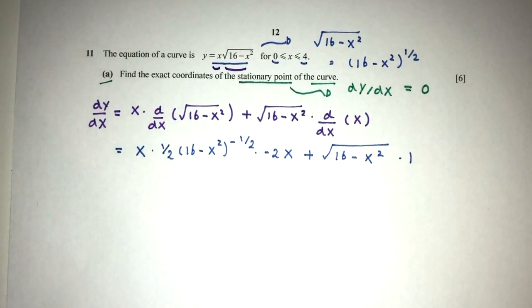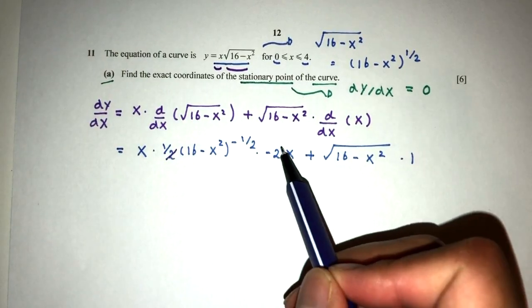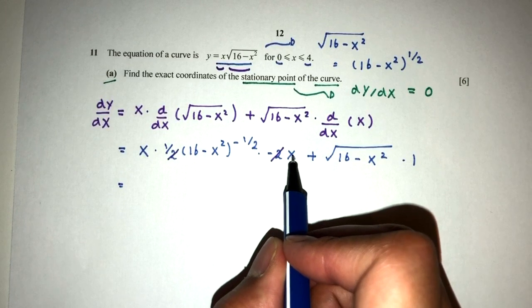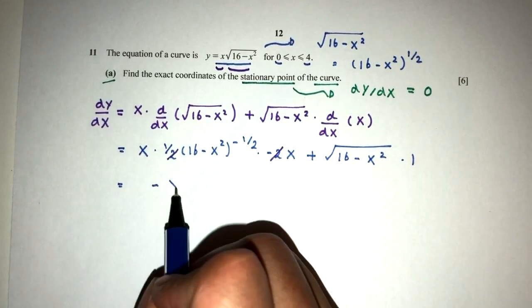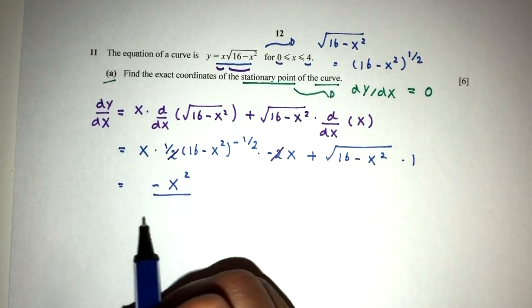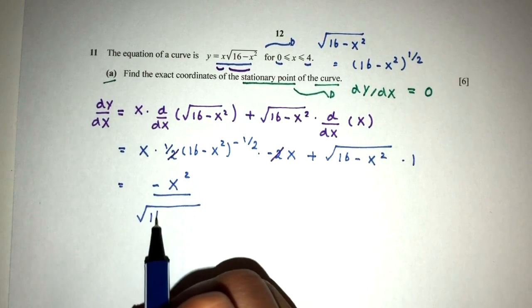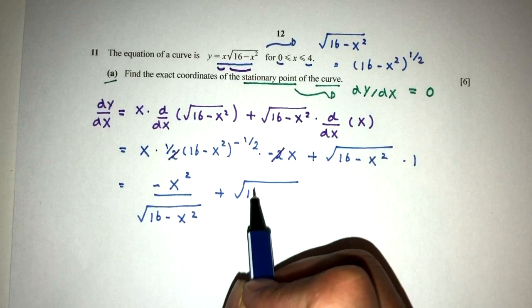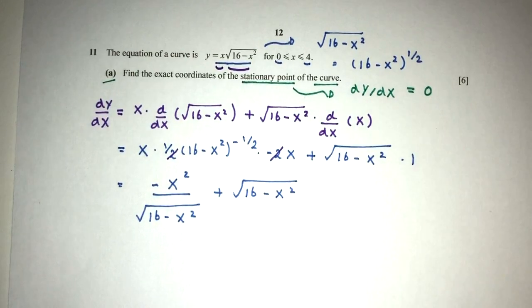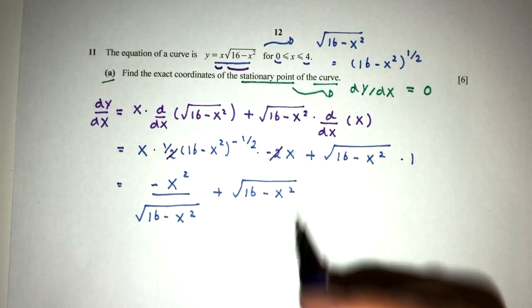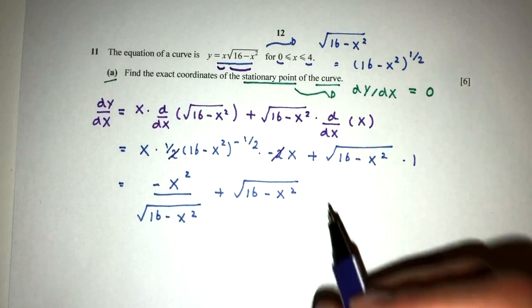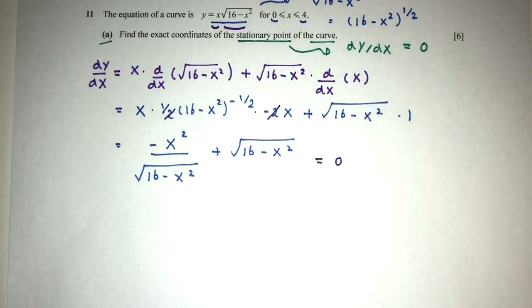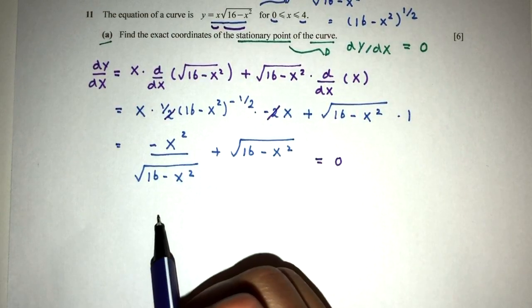Now simplify, this will go away, and you will have x times this will be minus x squared over the value of this 16 minus x squared plus this. Now we can simplify that if you want to, but there's no need. This is dy by dx. We have to equate to 0 to find the stationary point. We can send this over here.